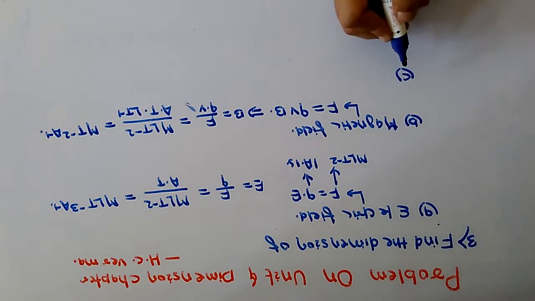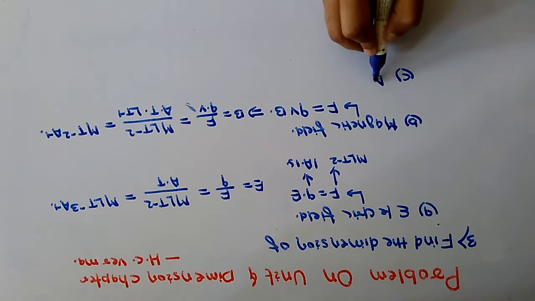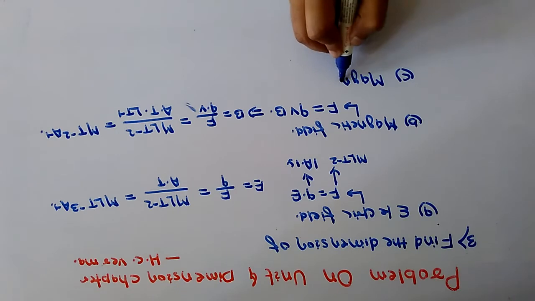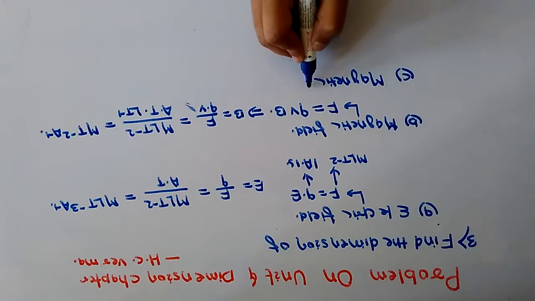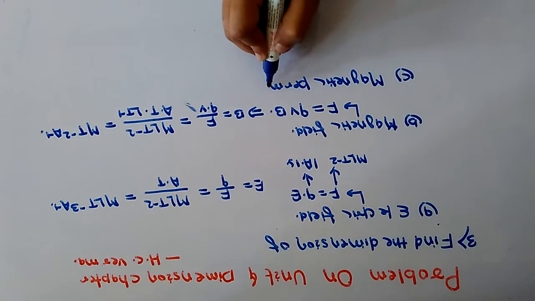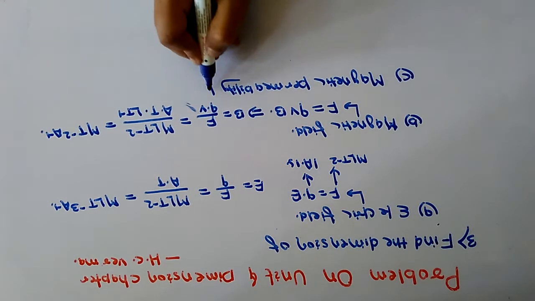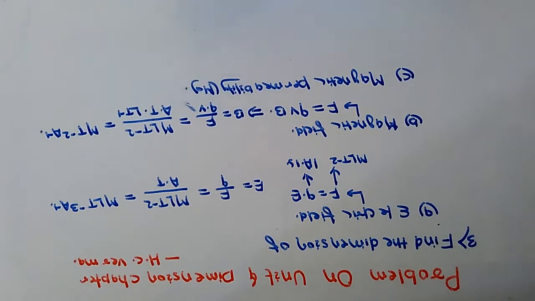Now third, you have to calculate the magnetic permeability, denoted by mu naught.